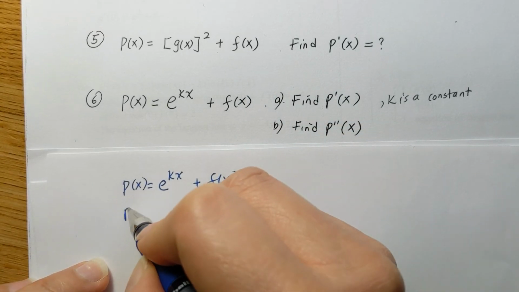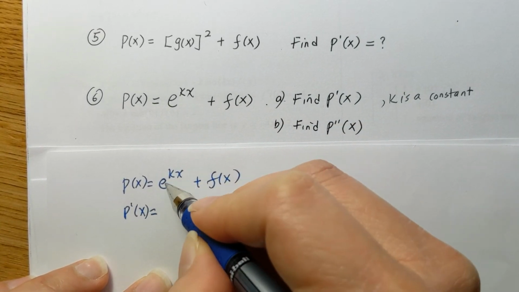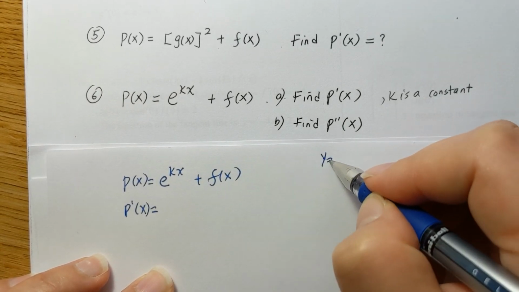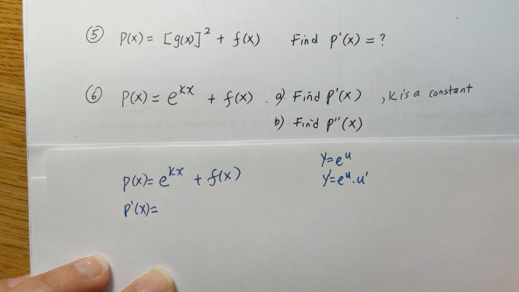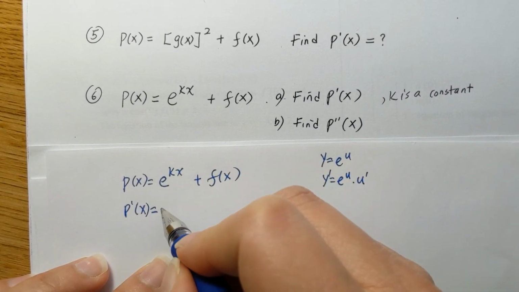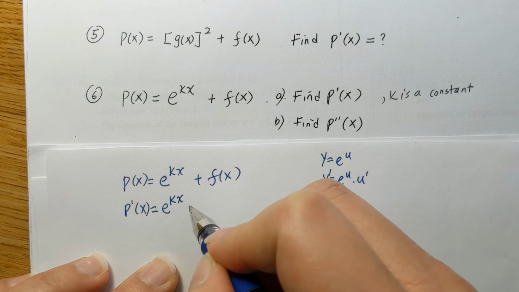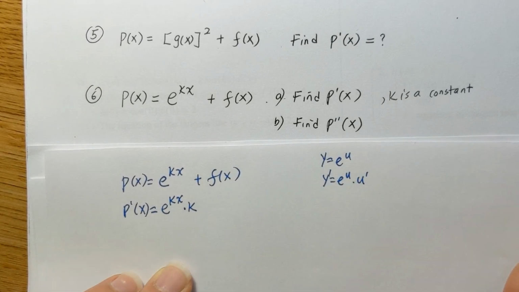So now p prime of x. So we say that if we have y equal to e to the u, y prime equal e to the u times u prime. So u is kx. So we have e to the kx times k. K is a constant.